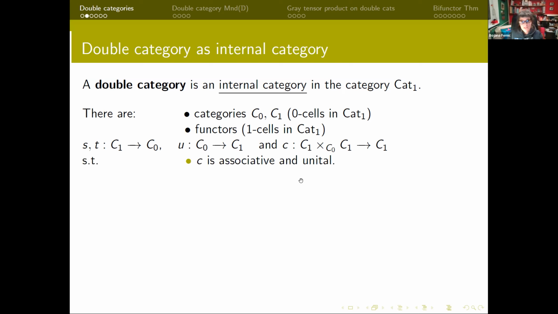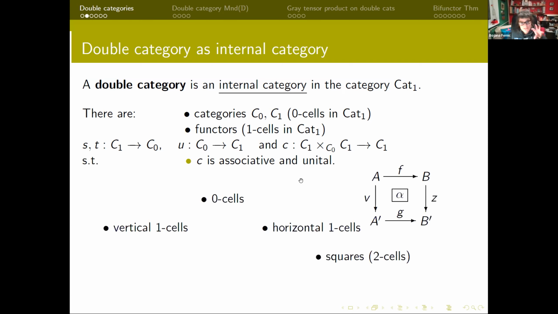But what does this have to do with the visual presentation from the previous slide? I also add this line at the bottom. So C0, the category, will be the vertical category for me. It consists of 0 cells as objects, and vertical 1 cells. And C1 has horizontal cells for objects and squares for morphisms.